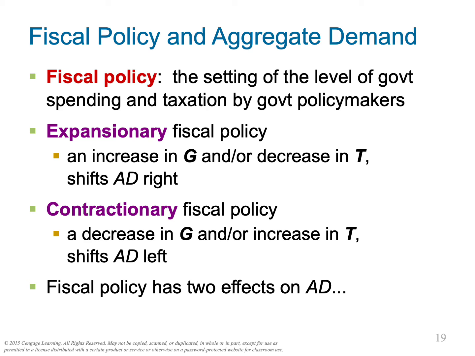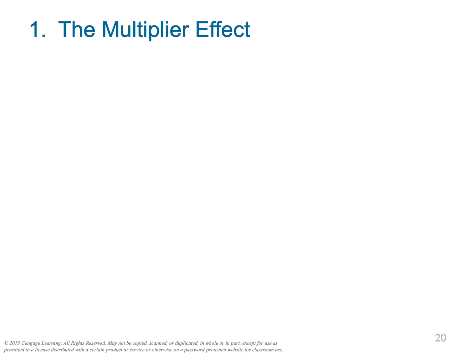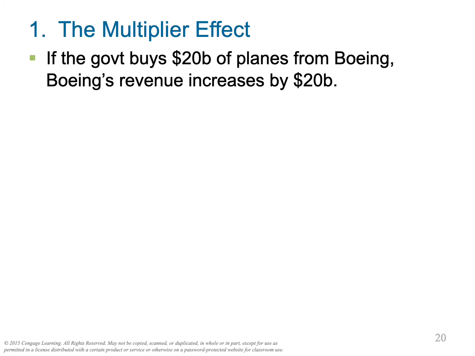Now, there are two effects of fiscal policy on aggregate demand. First is called the multiplier effect, and the idea works something like this. Suppose that the government buys $20 billion worth of planes from Boeing, which means that Boeing's revenue, the money that it makes, increases by that same amount.